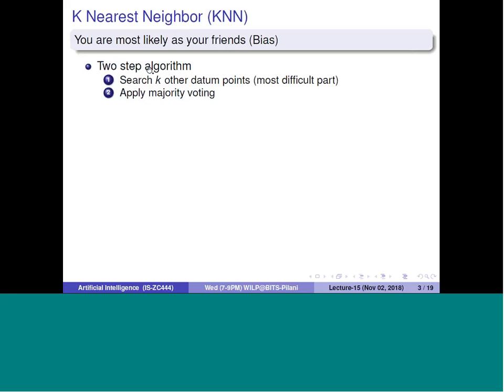If we can represent the person in n-dimensional space as a point, then you can use the Euclidean distance between them. Then you sort all the other points based on the distance, pick the top k, and apply majority voting.